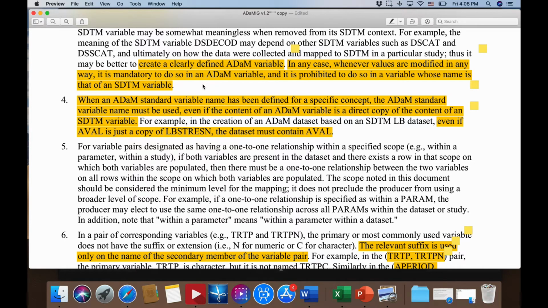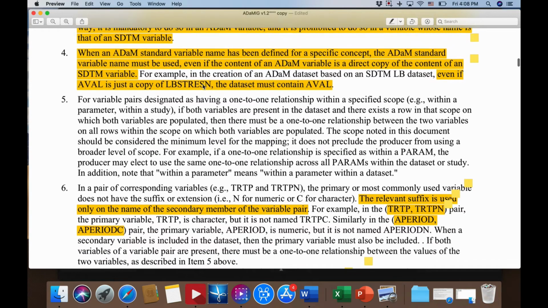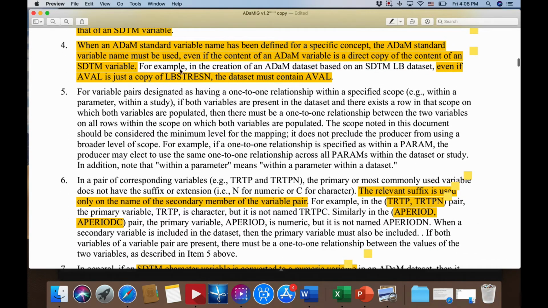Okay, this is quite straightforward. And this one: when an ADaM standard variable name has been defined for a specific concept, the ADaM standard variable name must be used, even if the content of the ADaM variable is a direct copy of the content of an SDTM variable.